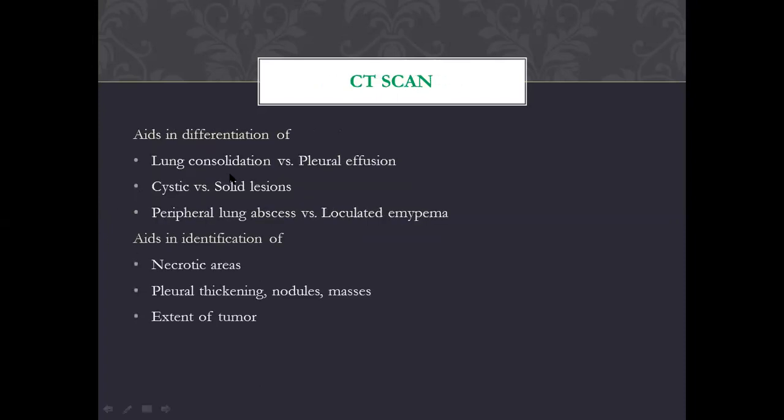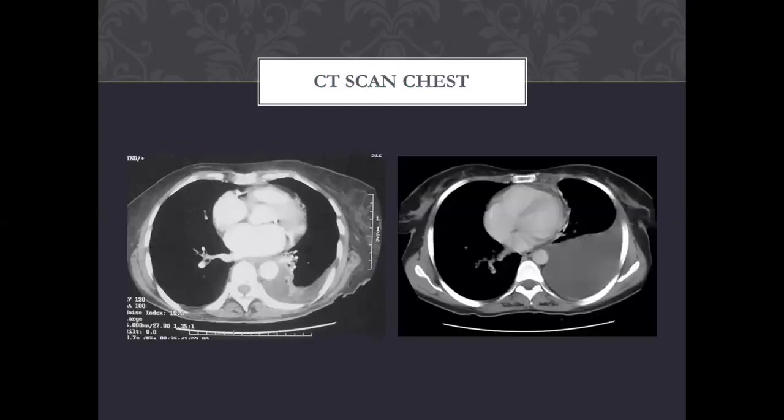CT scan also helps in differentiating a lung consolidation versus pleural effusion, cystic or solid lesions, peripheral abscess or loculated empyema, and also helps in identification of necrotic areas, pleural thickening, nodules, masses, and if there is a mass, extension of the tumor or the mass.